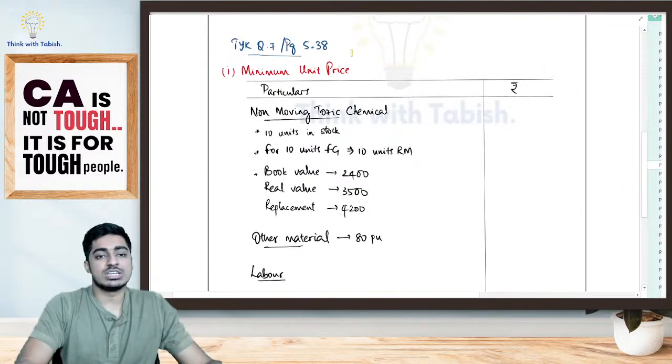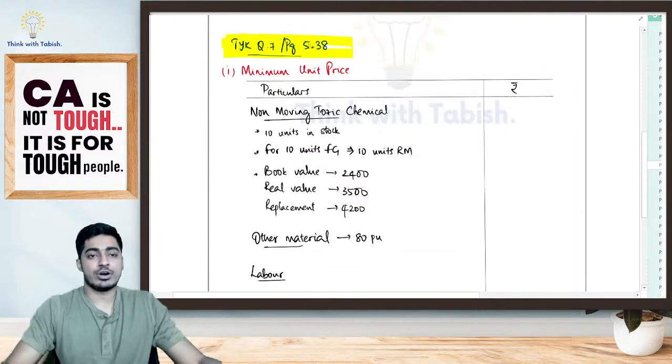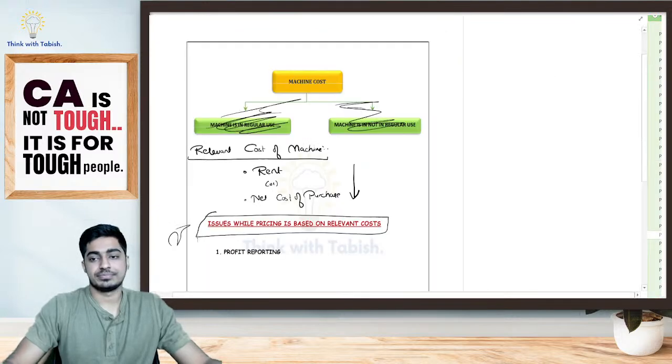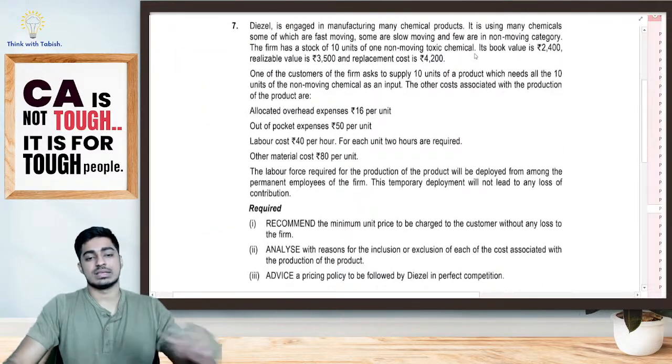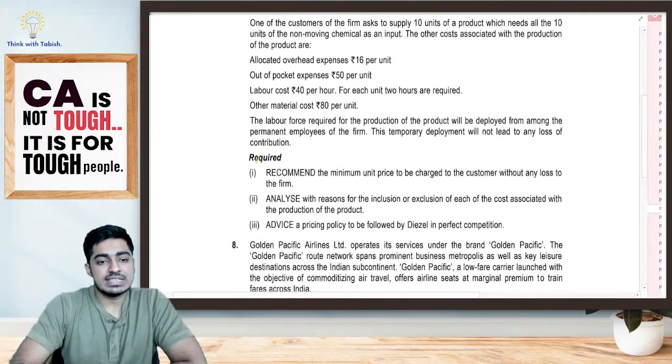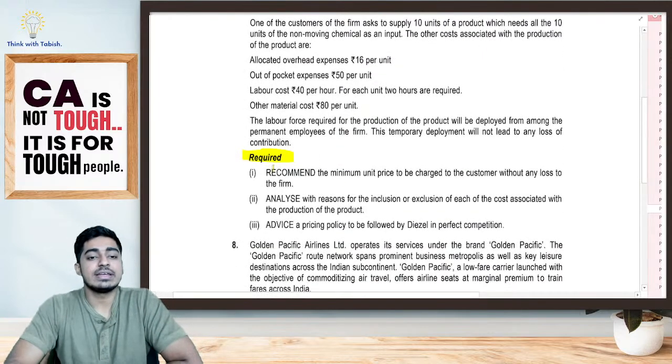Test your knowledge question number 7, page 5.38. Look at the question, students. Let us first see what is required. Recommend the minimum unit price to be charged to the customer without any loss to the firm.